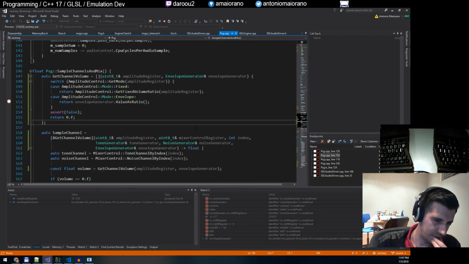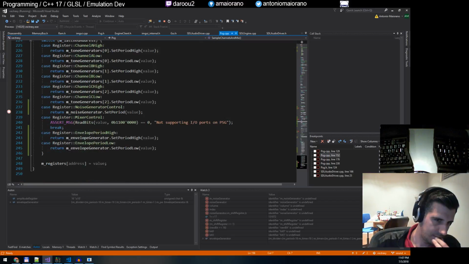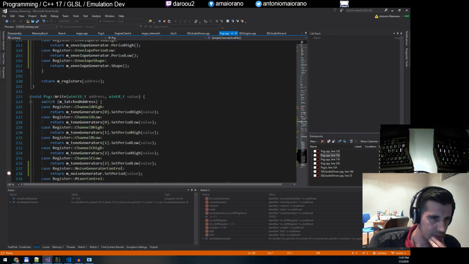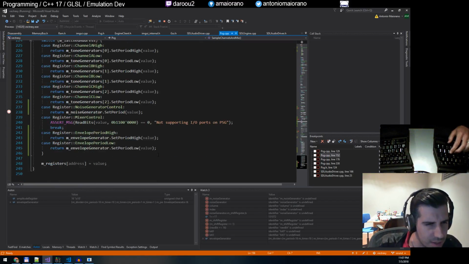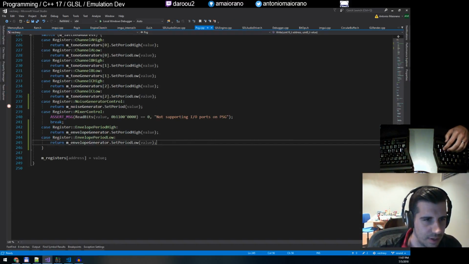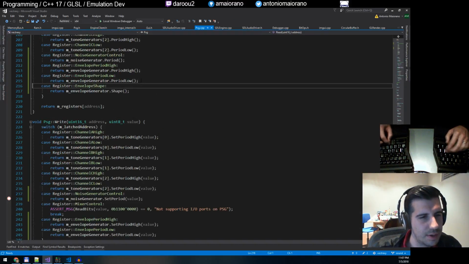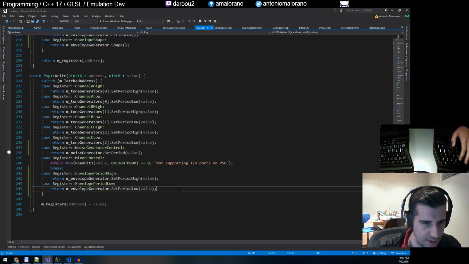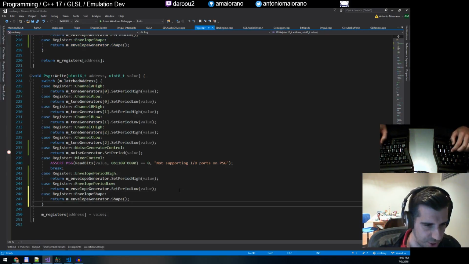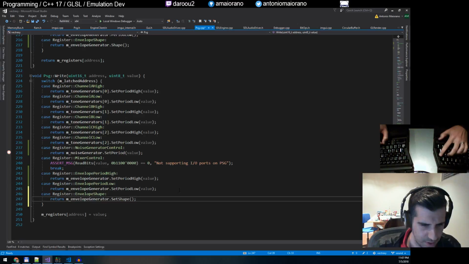Interesting, very interesting. Oh, wait. Look at that. I didn't do the set of the register shape, of the envelope shape. How did I forget that?